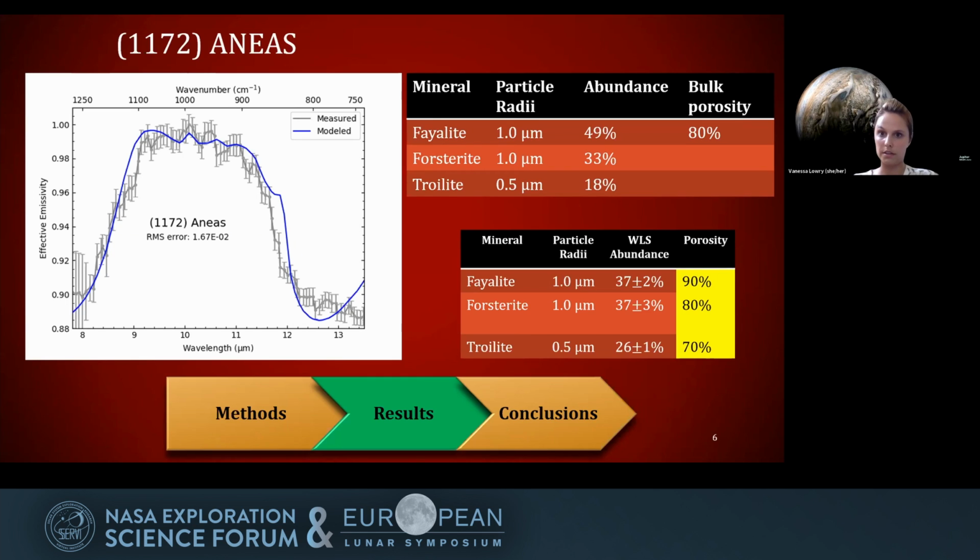However, to my knowledge, these optical constants are not available. And then the troilite was picked up by Aeneas. As you can see, the 12 micron sharp peak in emissivity is a little more smoothed out on this one. And also Aeneas has a more rounded 10 micron peak compared to the other two asteroids.